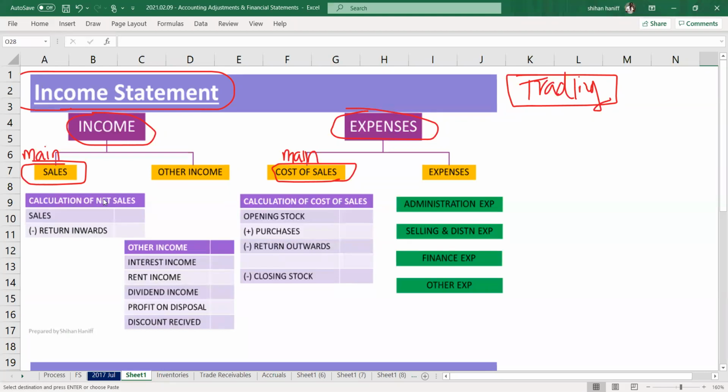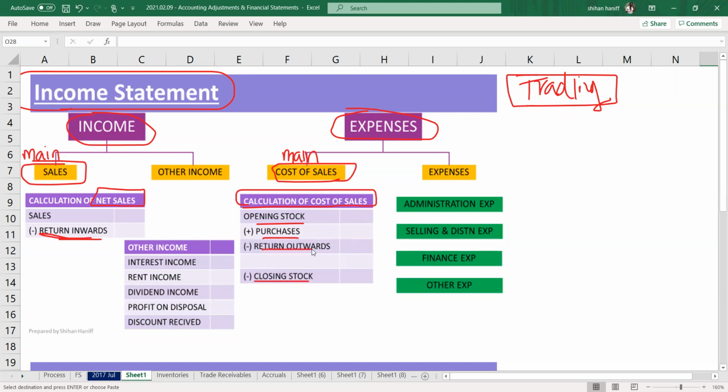Right? So when it comes to sales, we have to take the net sales. How do you calculate the net sales? From the sales, if there are any returns, we have to deduct them. So sales minus return inwards will be the net sales. Then the cost of sales is calculated using an equation: opening stock plus purchases minus closing stock.